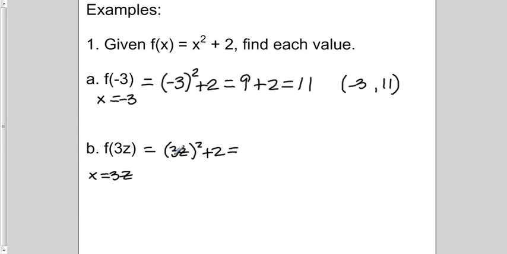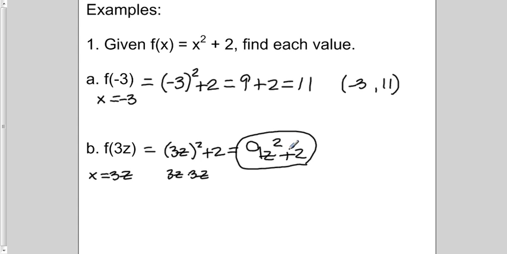Now, if I'm going to take (3z) squared, that means 3z times itself, times 3z. And what do I get? I get 9z squared, and then plus 2. That's really all I can do. I cannot combine these together because I've got a variable in the first term. So 9z squared plus 2 is the new function, f of 3z.